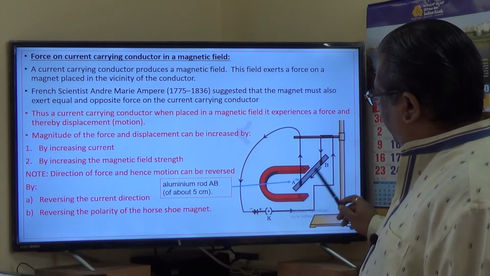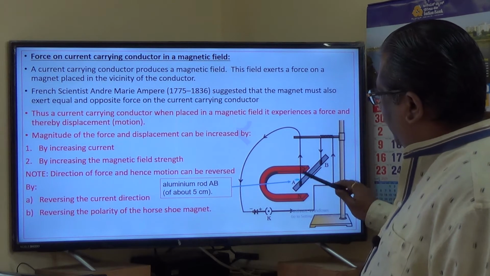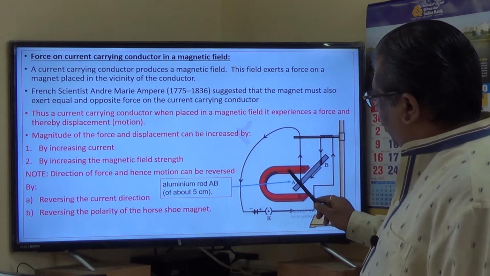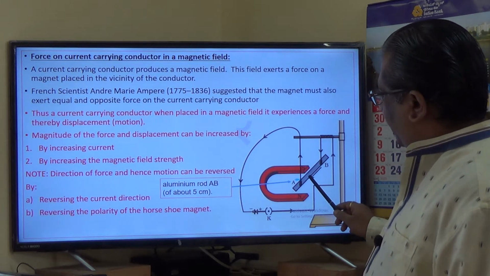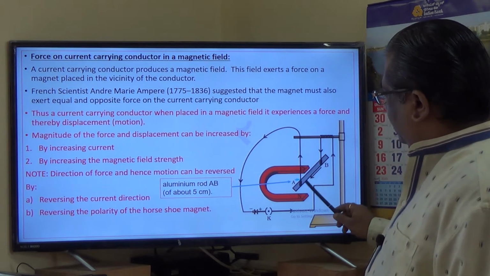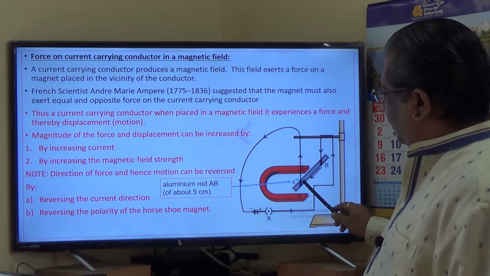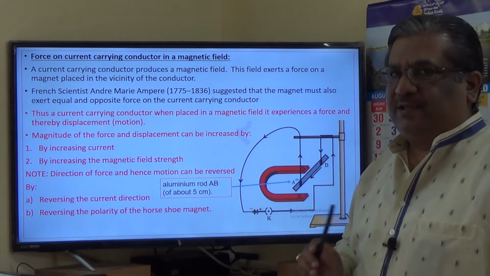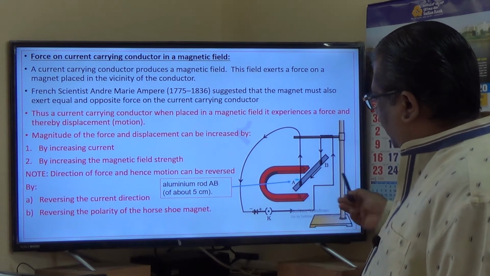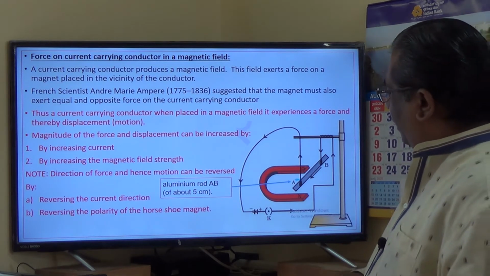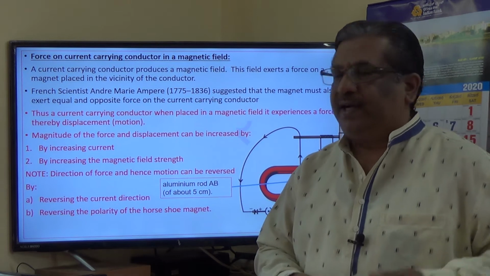Now this conductor being held loosely, the force exerted by the horseshoe magnet will displace this conductor, that is force and thereby displacement. And the direction of this displacement, either this way or this way, can be identified by Fleming's left hand rule.